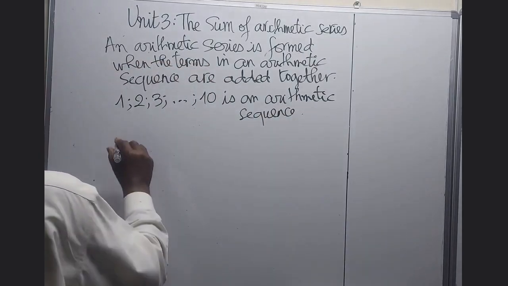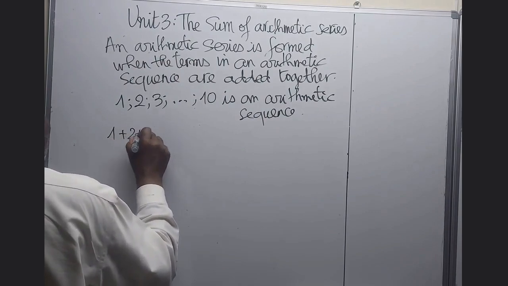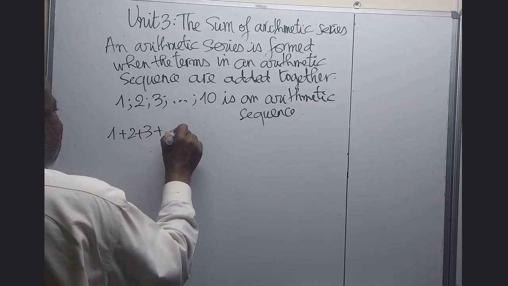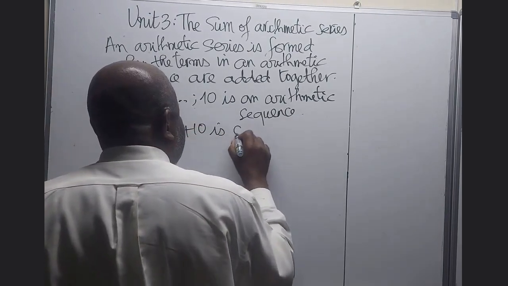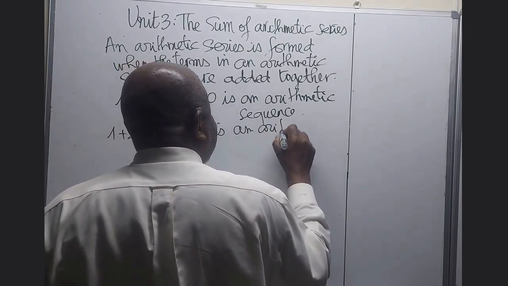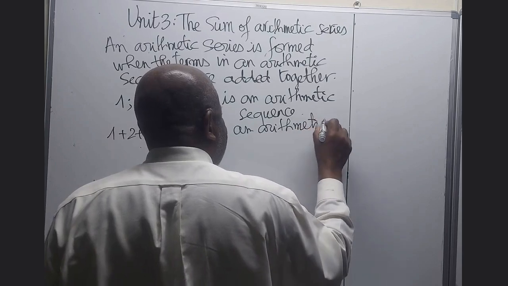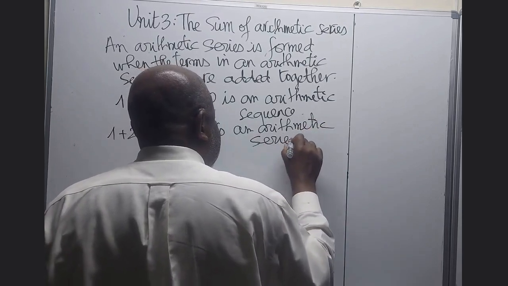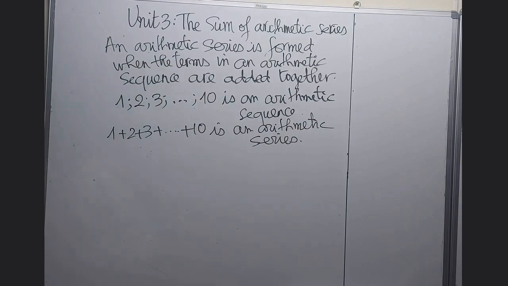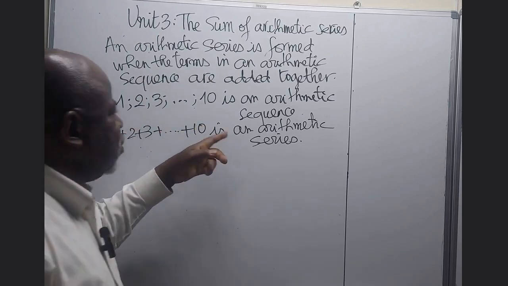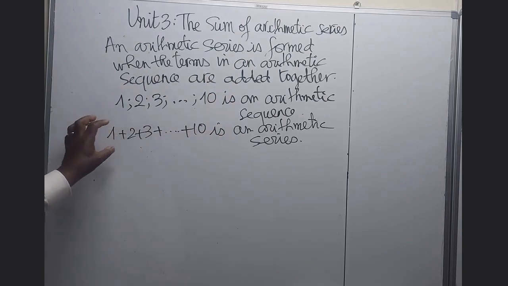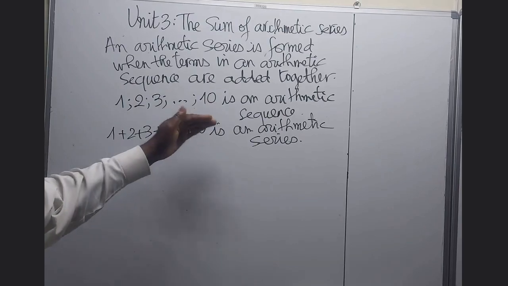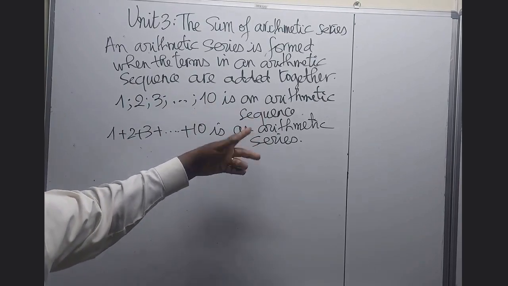Now if I consider 1 plus 2 plus 3 plus dot dot plus 10, this is going to be an arithmetic series. We're talking about an arithmetic sequence, which has terms. If we get the sum of these terms, we now have what we call an arithmetic series.